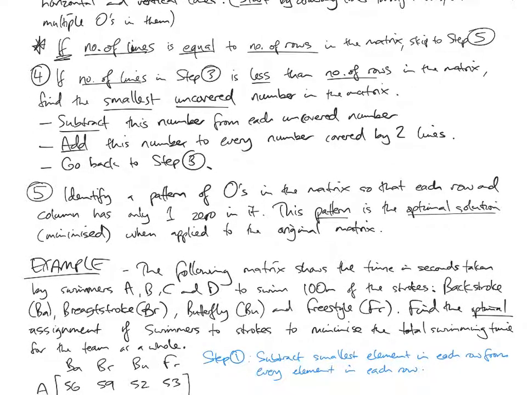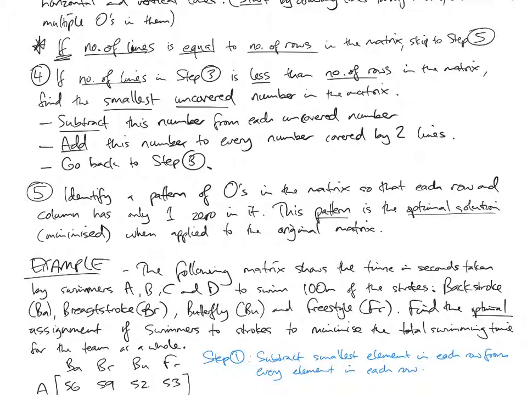If the number of lines in step 3 was less than the number of rows in the matrix, you need to do this next step 4, which is find the smallest uncovered number. So you covered up a bunch of numbers with your lines. Find the smallest uncovered number in the matrix. Then what do you do with that number? You subtract it from each uncovered number in the matrix, but you add it to every number that is covered by 2 lines, so it has an intersection of horizontal and vertical lines through it.